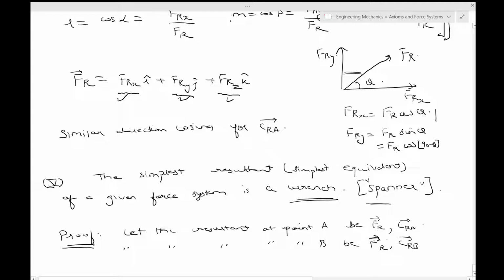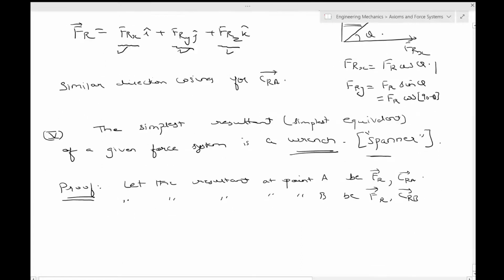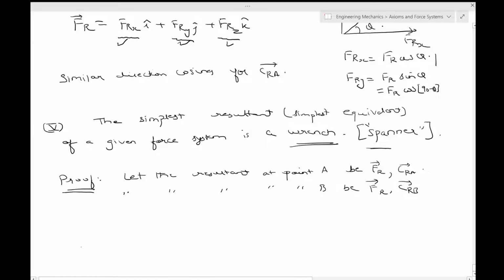Remember, the A or B will not come in the equivalent or the resultant force. That can be written, say, over here, where this is FR, this is point A, and CRA.